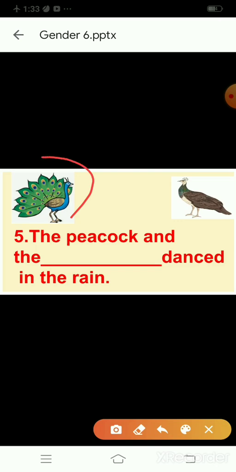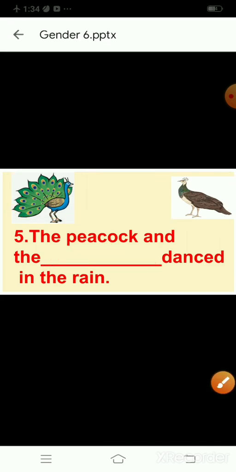Next. The peacock and the dash danced in the rain. So, peacock is a masculine gender. So, look at the picture and tell me what will be the feminine gender. Yes, peahen.